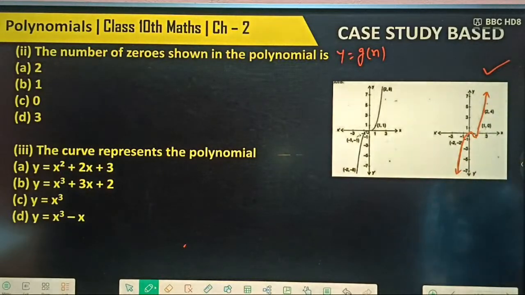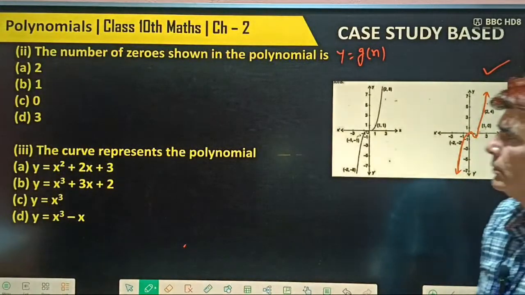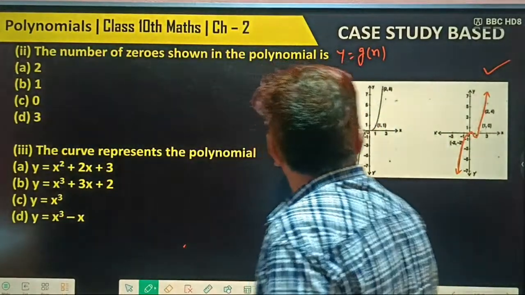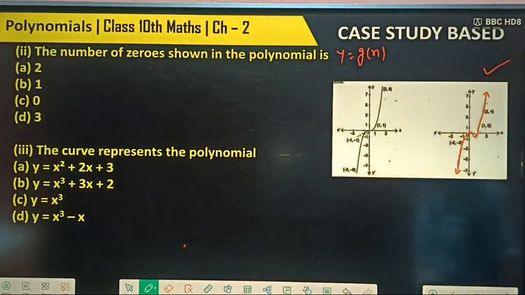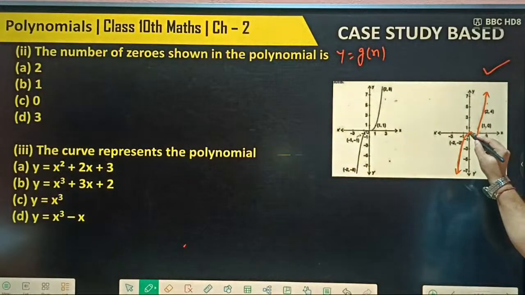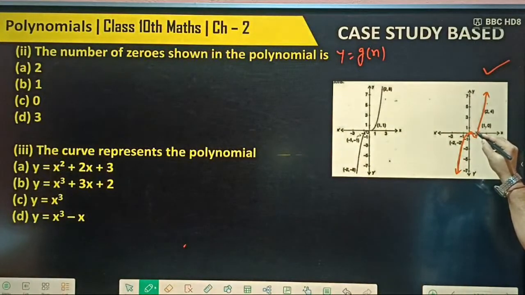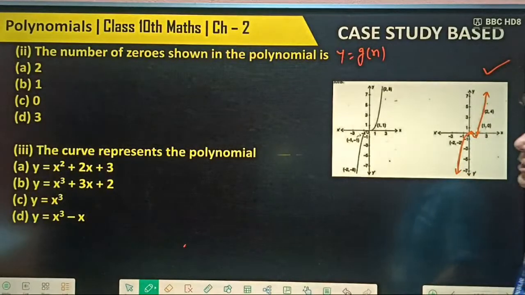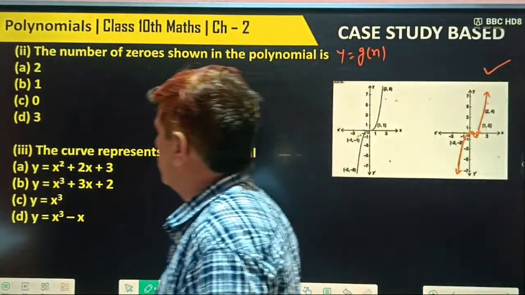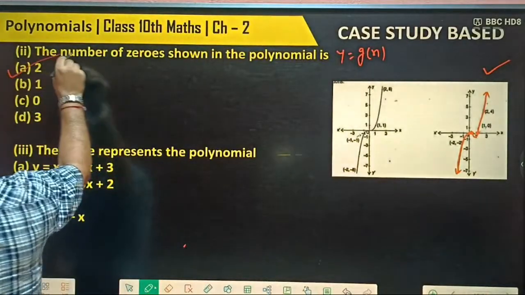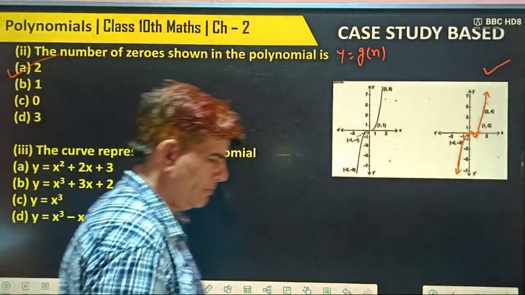Cutting the x-axis, how many points? It's showing 1 point here, and the second point is this. Cutting at how many points? 2 points. So how many zeros? Definitely 2 zeros.